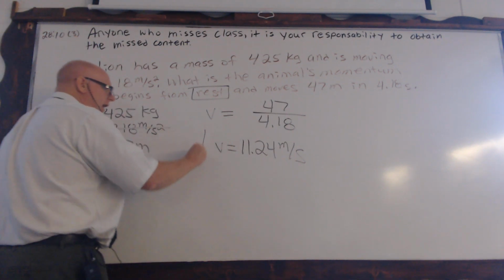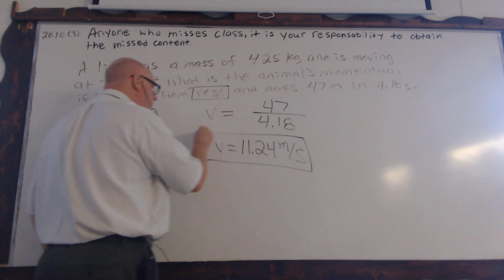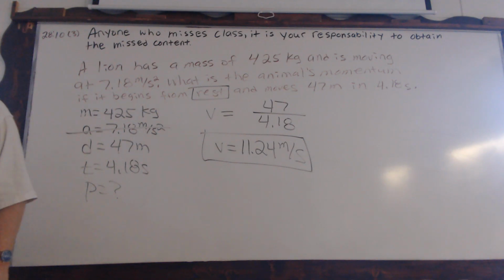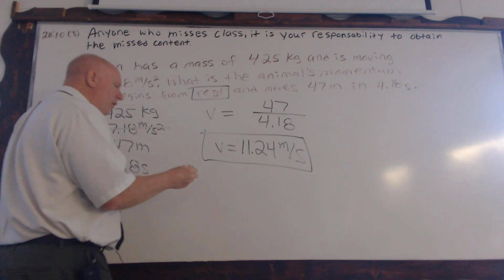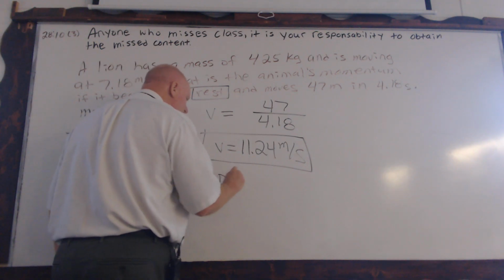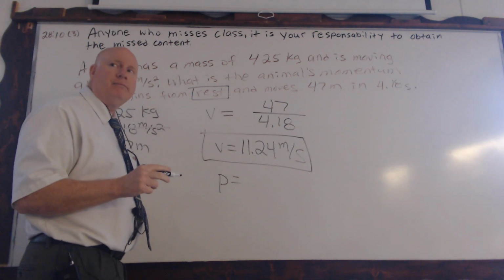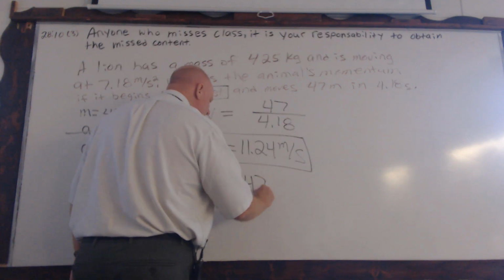Again, this is just half of our problem because we have not solved for momentum yet. How would you go about doing that? Mass times final velocity. We got 425 times 11.24, and what do we get as a product? 4,777.